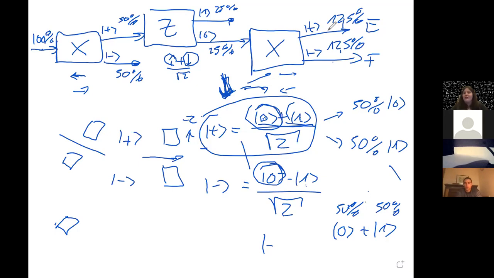Yeah, so this depends on in what basis you measure. An electron has spin up or spin down if you measure in the Z basis. But if you measure in the X basis, you have this plus and this minus state.